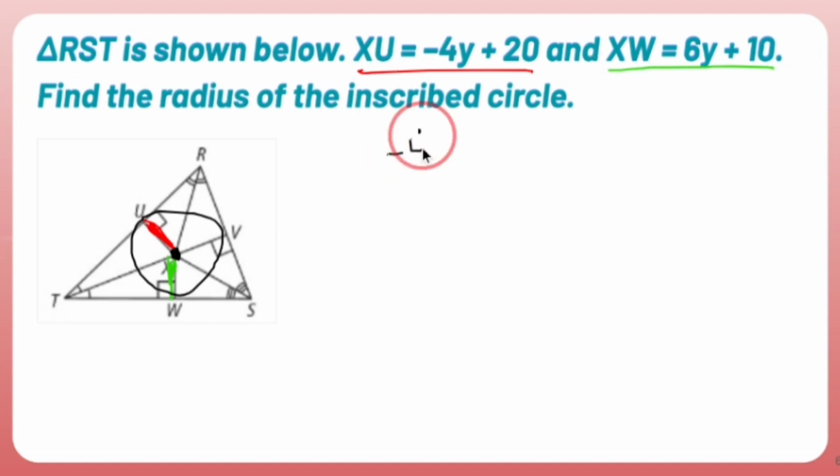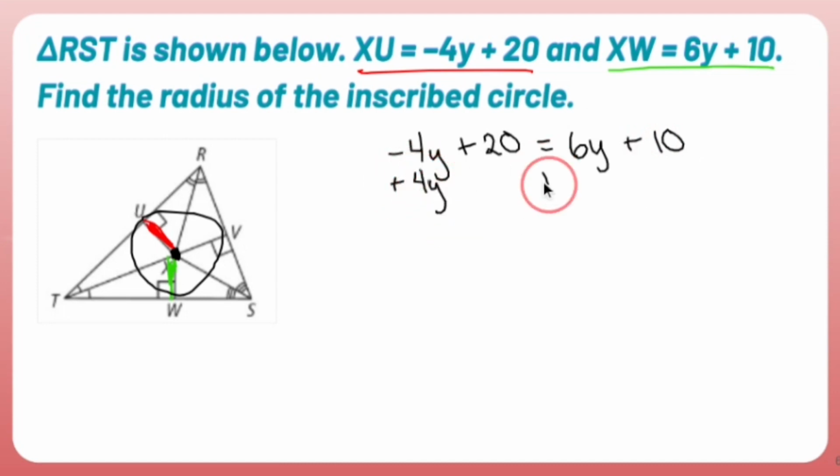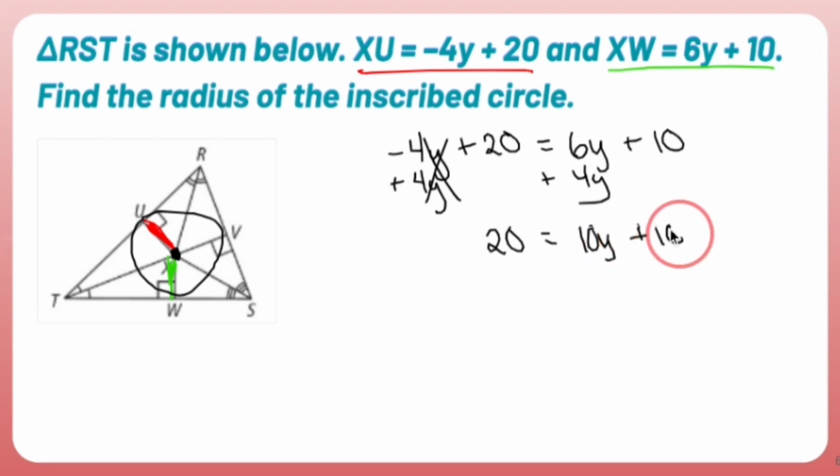So negative 4y plus 20 equals 6y plus 10. Now I have an equation with variables on both sides of the equal sign. Add 4y, cross U out: 20 equals 4y plus 6y.